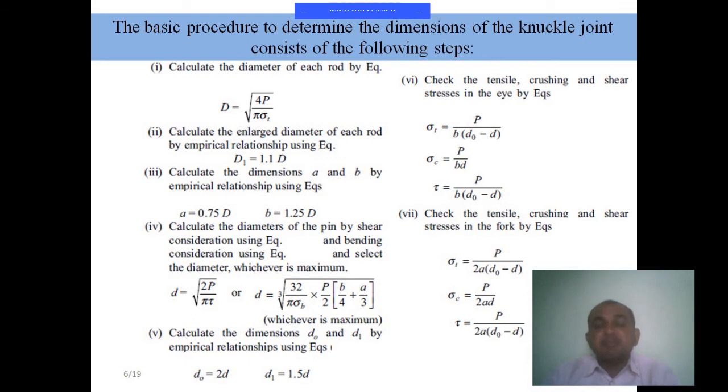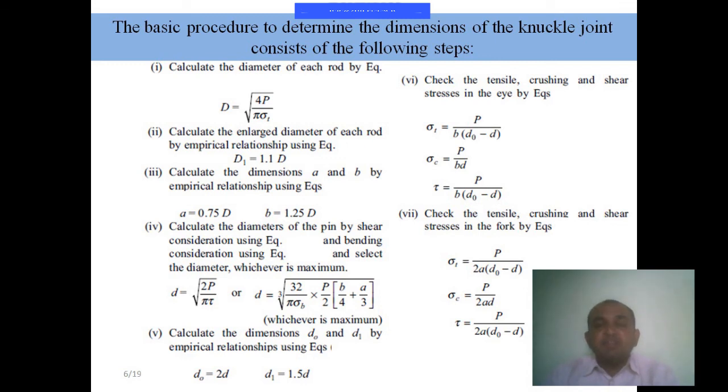If the stresses are greater than the permissible stresses, then you can say these are unsafe, and if the stresses are less than the permissible stresses, then you can say the dimension is safe. So in the fork, sigma t is equal to P divided by twice a in bracket D0 minus d, and crushing stress is equal to P divided by 2 times a d, and the shear stress is equal to P divided by 2 times a in bracket D0 minus d.